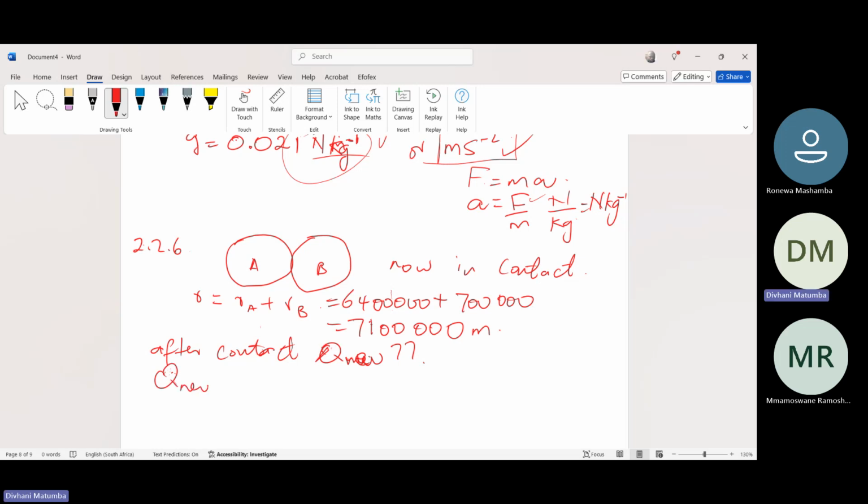Q new equals Q divided by 2. After contact, you remember from electrostatics, after the two spheres are in contact, when you separate the two, you agree? Yes, sir.